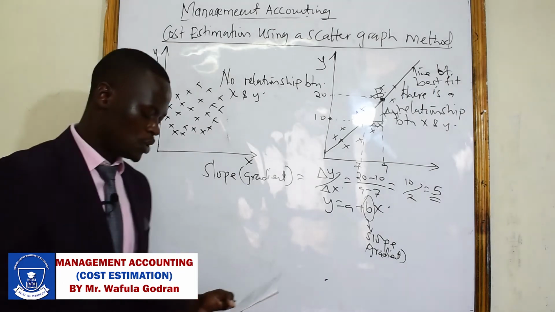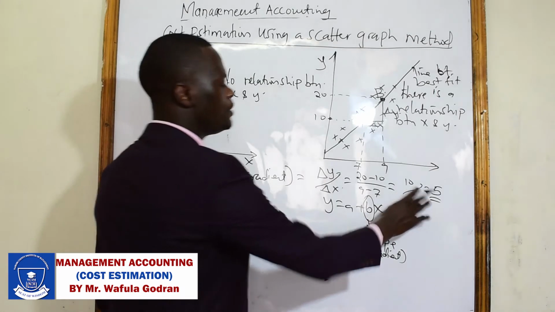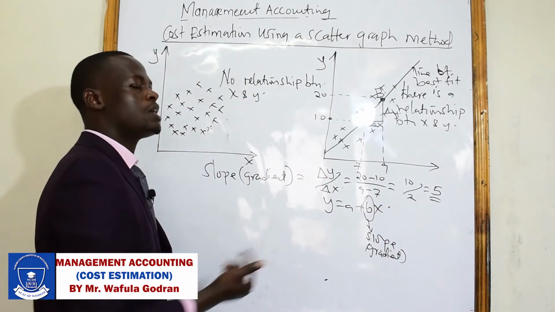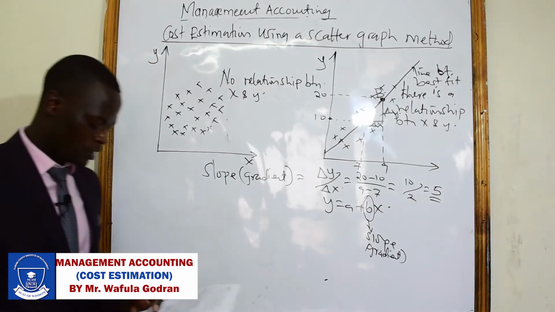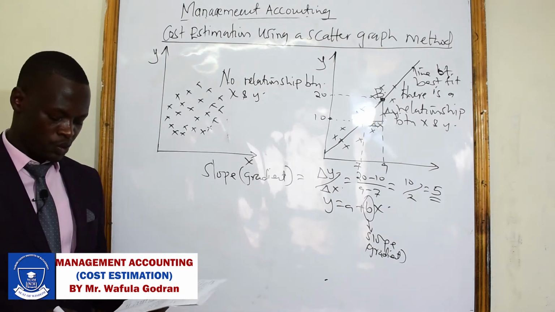Once we get B, we are able to pick any point from the points that we have to establish the equation. And that is how this method is used.